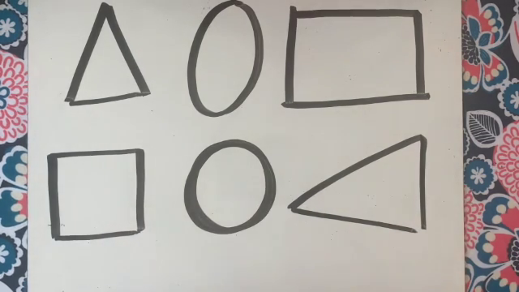Okay, let's take a look at the shapes and see which ones are rectangles. We know that a rectangle has 4 sides and 4 corners. So I think a good way for us to figure out which shapes are rectangles would be to count the sides. Let's start with this shape.